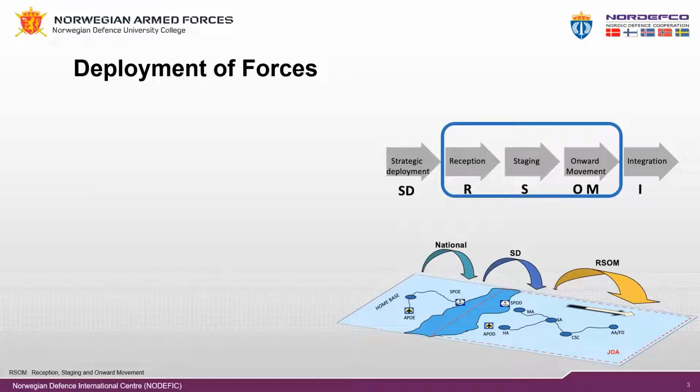It consists of gathering personnel and all equipment at one or more ports of embarkation, normally personnel at an airport and equipment and cargo in a harbor. Strategic deployment is the movement of forces from a port of embarkation in the national country to a joint operation area. Strategic movement is a national responsibility and is deconflicted by NATO through the Allied Movement Coordination Centre.